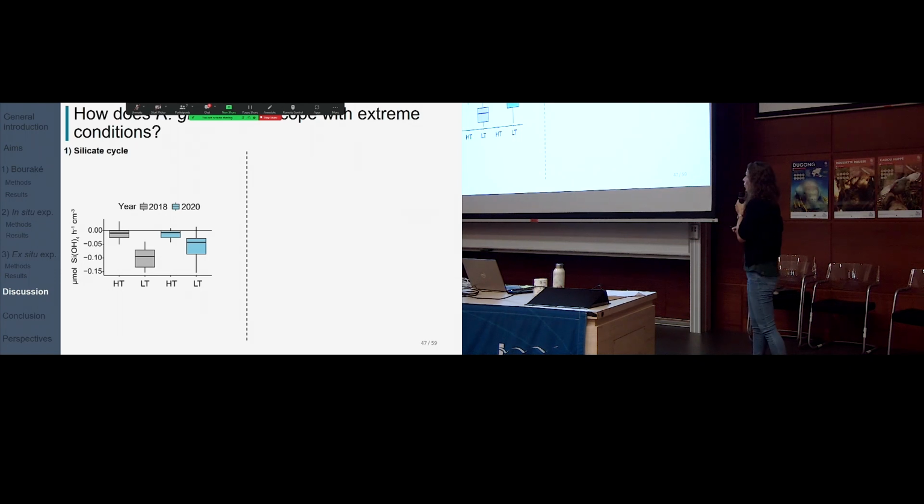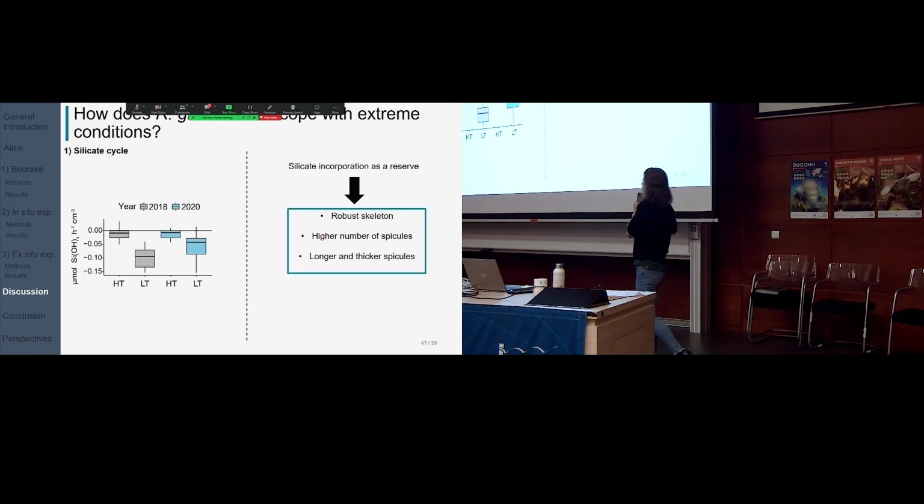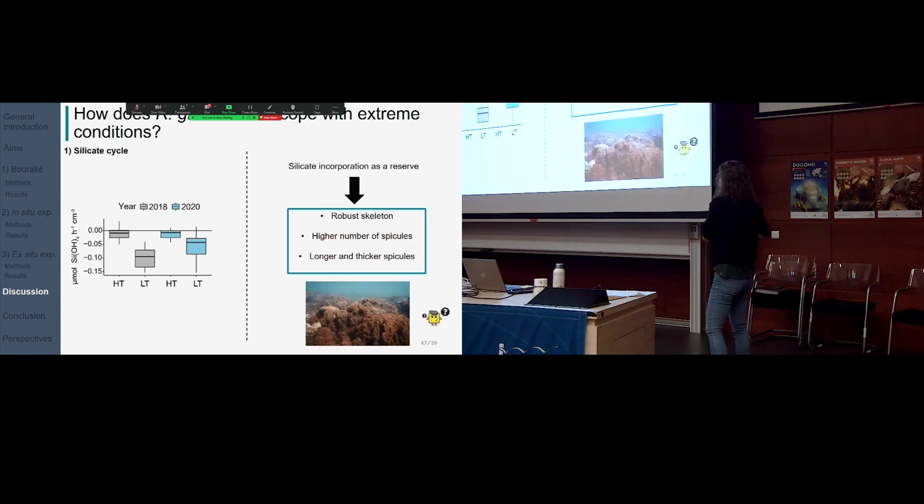Silicate was more consumed during the low tide in both 2018 and 2020. So we can hypothesize that sponges uptake more silicate to build a more robust skeleton made of more numerous and longer spicules, and this flexible and robust skeleton could help sponges stay healthy and grow despite the extreme environmental condition.